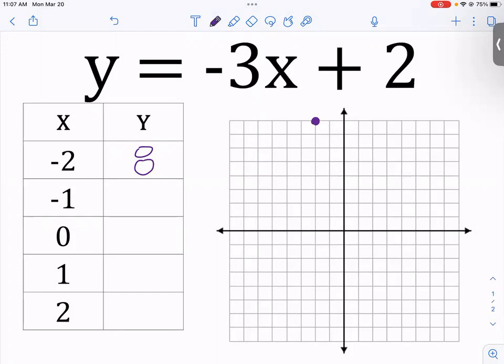So I put my sticky note on x. Now we have negative 3 times negative 1 plus 2. Ryan says 5. Leah says 5. Trent says 5. Okay, so we're going to write a 5 right here, and we'll plot that point.